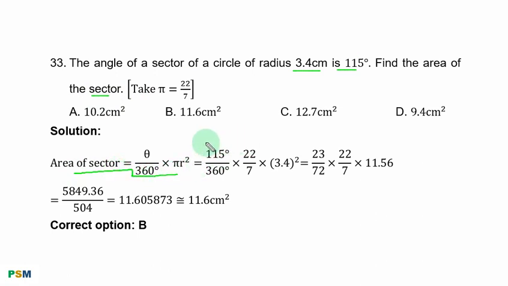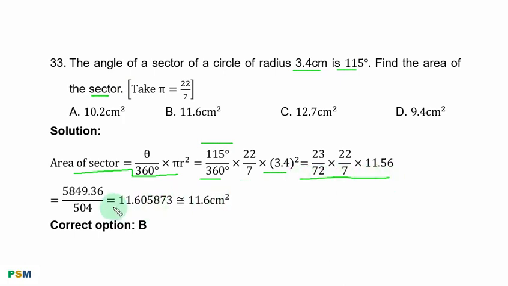The angle is 115 degrees over 360 degrees times pi 22/7 times radius square, 3.4 square. When you simplify and reduce, you have this result.